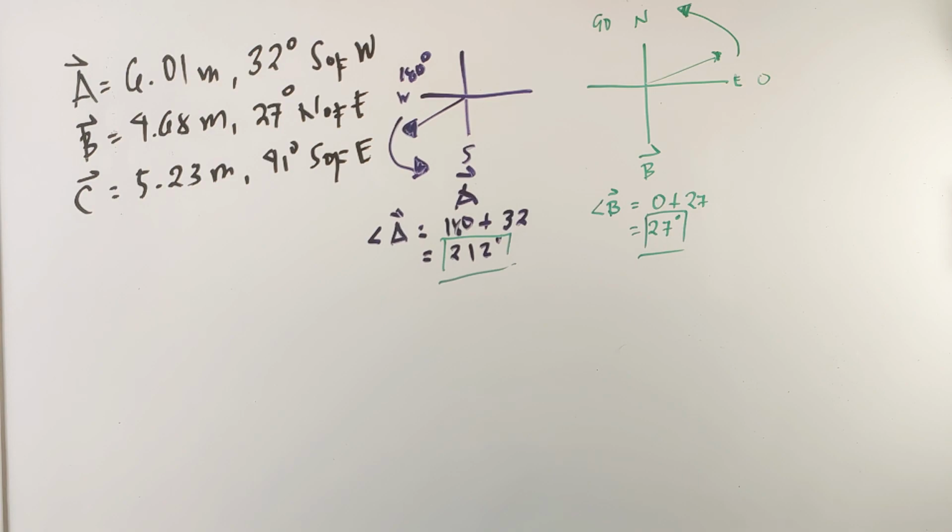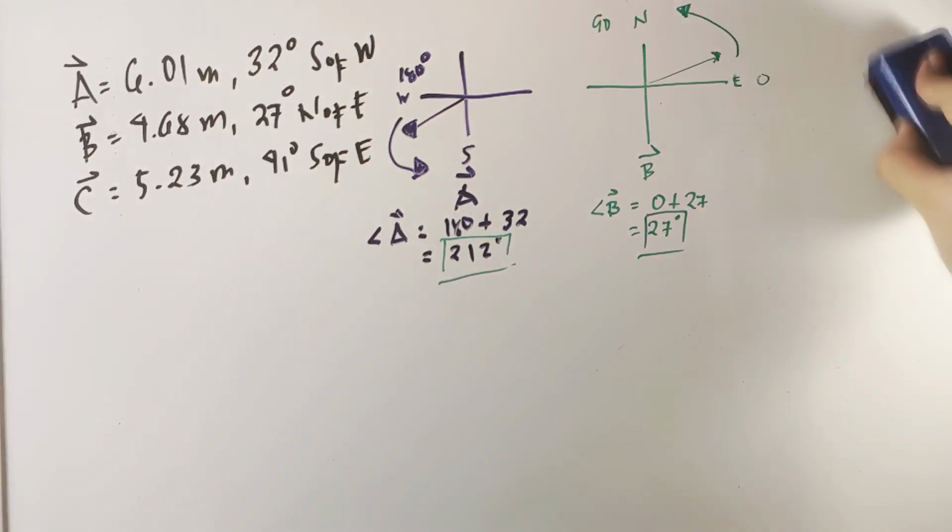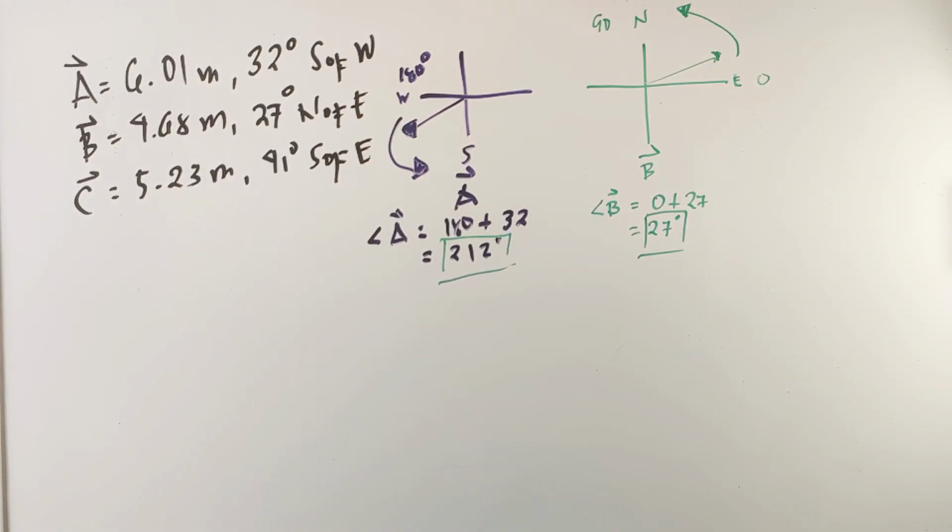Then for vector C, that's south of east. So this is east, then this is south.